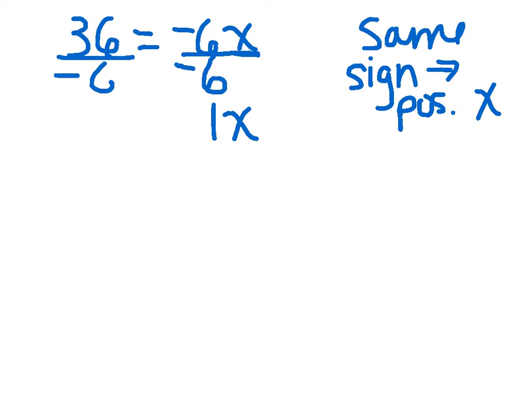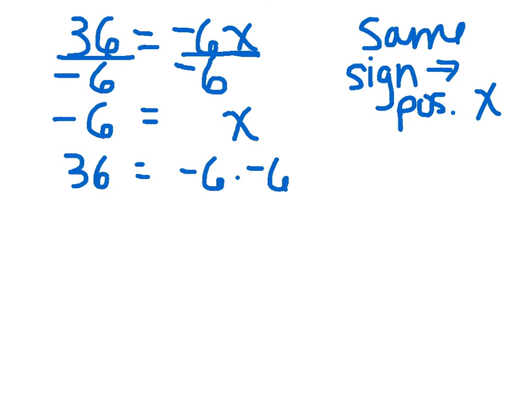Once again, if I do it to one side, I do it to the other, meaning that negative 6 is equal to 1x, or x. 1x is the same as x, so I can just erase that. It means the exact same thing. And once again, negative 6 times negative 6 does equal 36, positive 36, because same signs are positive. There we go. That often gets kids confused.